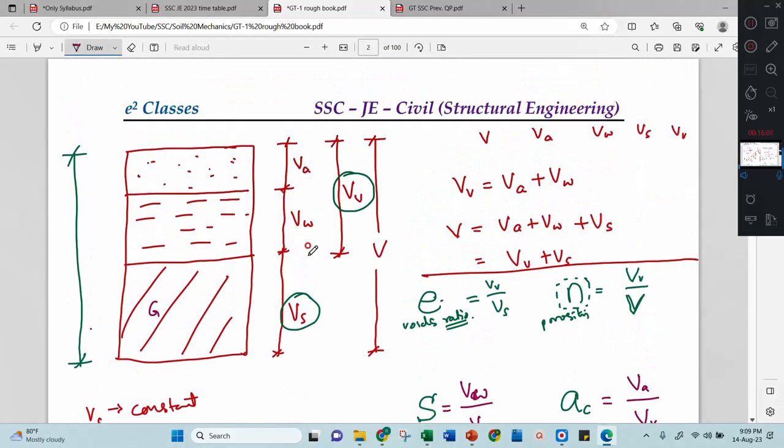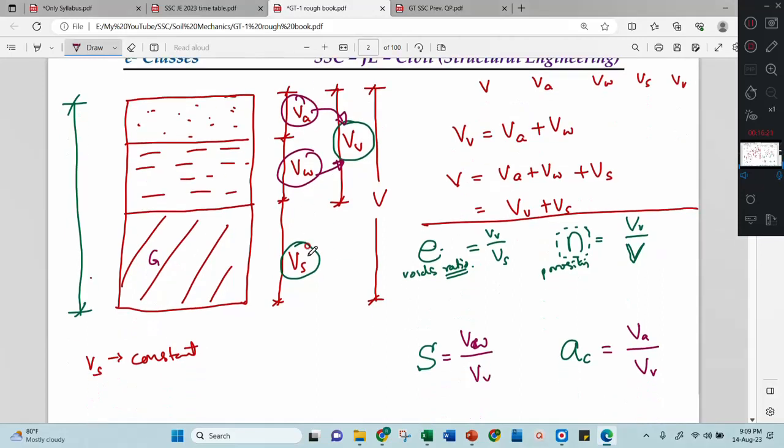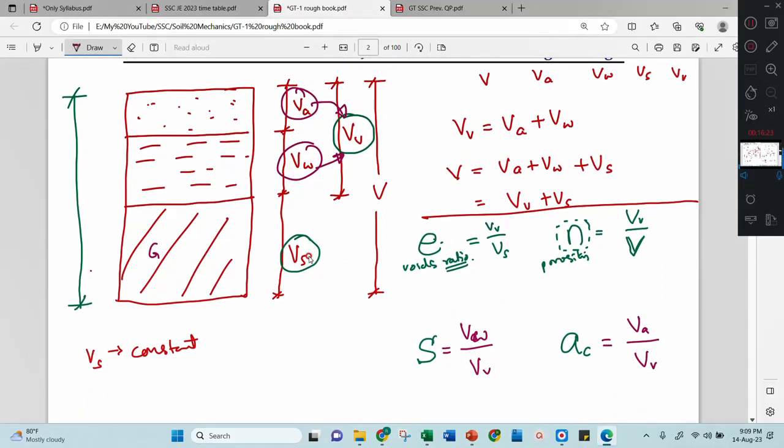See here, interestingly, this VA is compared with VV and VW is compared with VV. Both belong to the top floors, first floor and second floor, but both are compared there itself. The ground floor does not come in. That is your VW by VV and VA by VV. That is how much water is there in the voids, how much air is there in the voids.